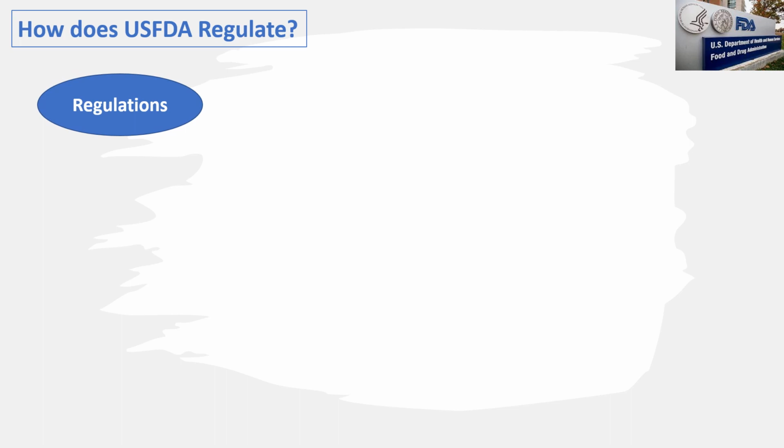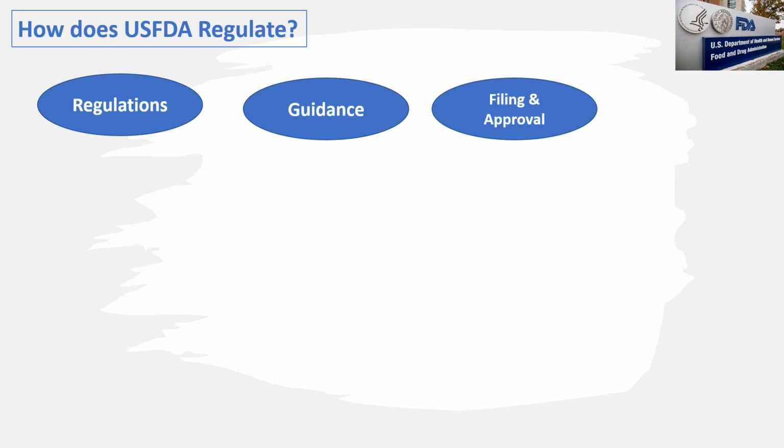Firstly, there are regulations defined by the USFDA which all the pharmaceutical manufacturers and biological product manufacturers have to follow. Secondly, there are guidances for industry which give an overview and a broad approach to carrying out things. These guidances are not regulations, but they have to be followed to ensure that we are in compliance with the regulations. Then there is the filing and approval process.